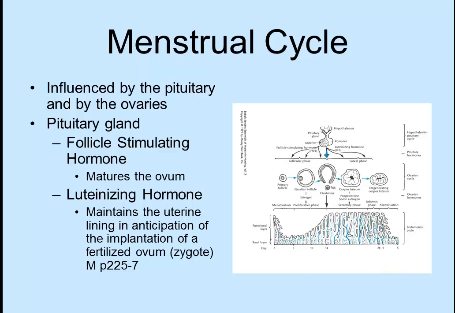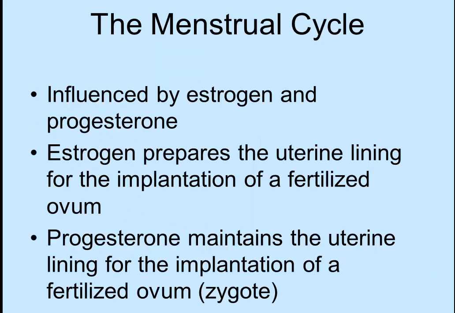LH maintains the uterine lining in anticipation of the implantation of the fertilized ovum. So both of these hormones are very important during those reproductive years. The menstrual cycle is influenced by estrogen and progesterone. The estrogen will prepare the uterine lining for implantation of the fertilized ovum, and the progesterone maintains the uterine lining for the implantation of the fertilized ovum.